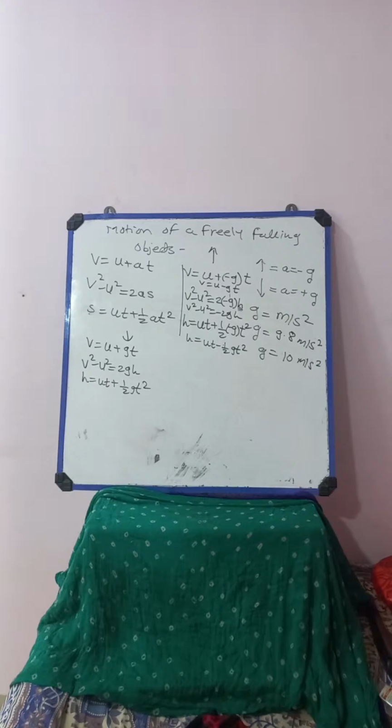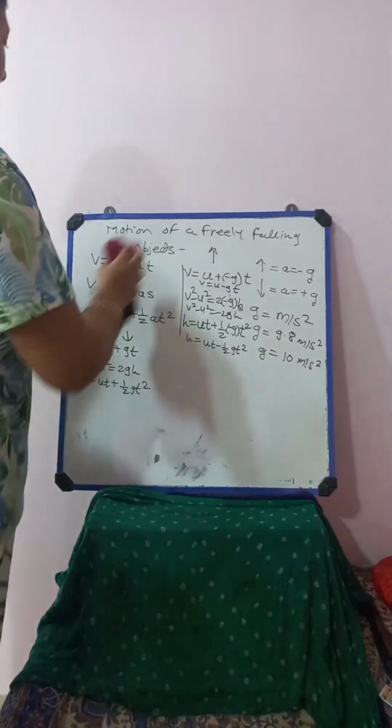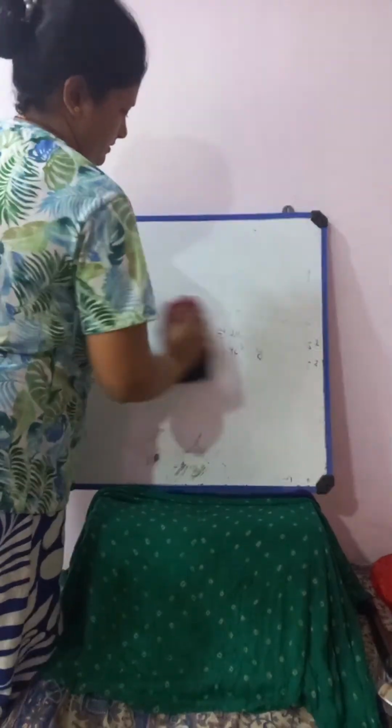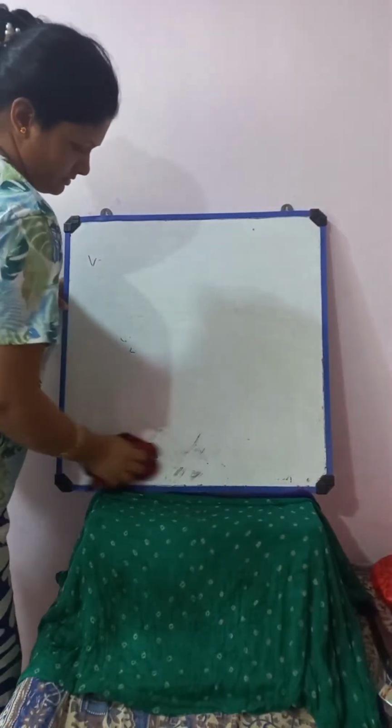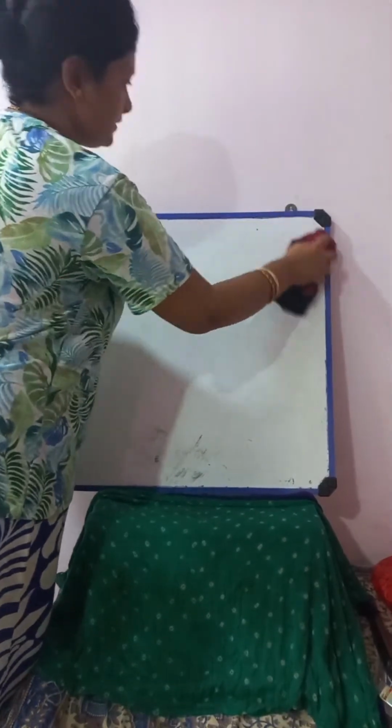Write down the question. A train starts from rest and accelerates uniformly at a rate of 2 meter per second square for 10 seconds.